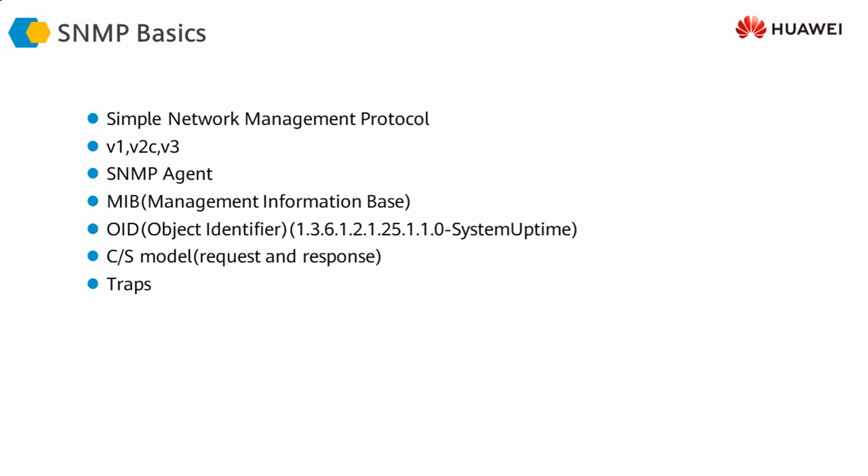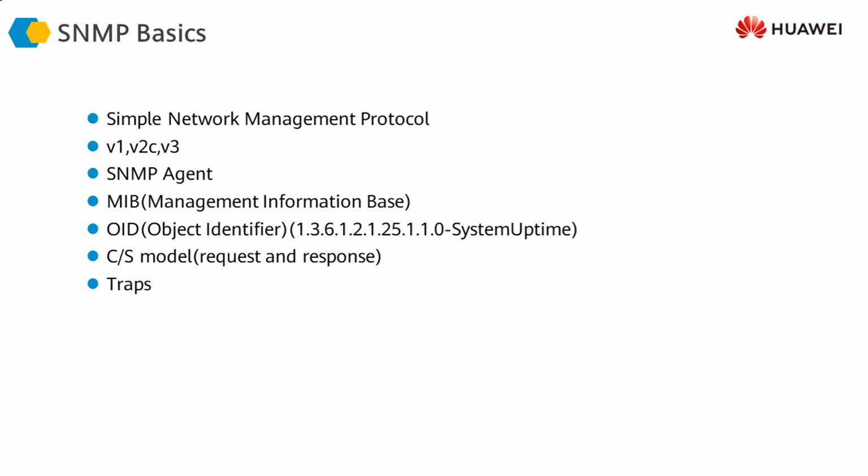This is the OID that will be requested by the NMS from the SNMP agent, and the SNMP agent will look into the management information base and retrieve this OID from the management information base and send it back to the user or the NMS, and the NMS will know what the current system uptime is, because against this OID the system uptime will be provided to the NMS.